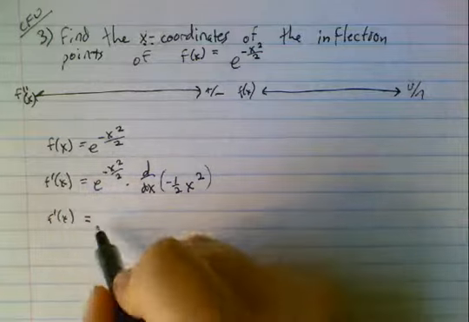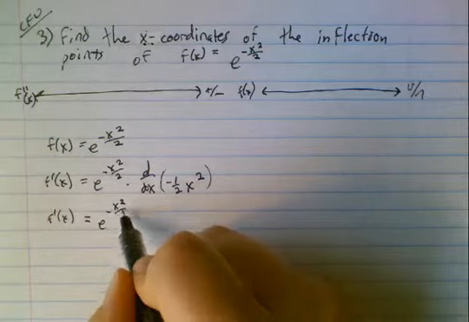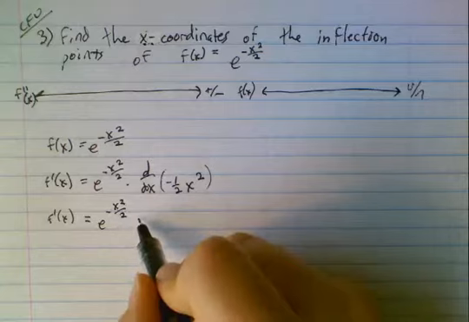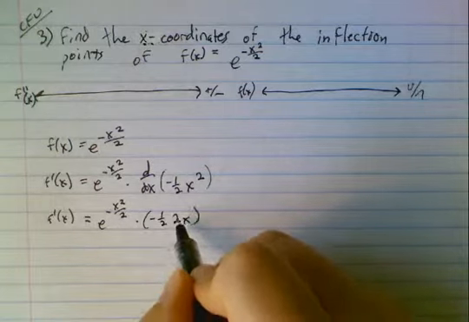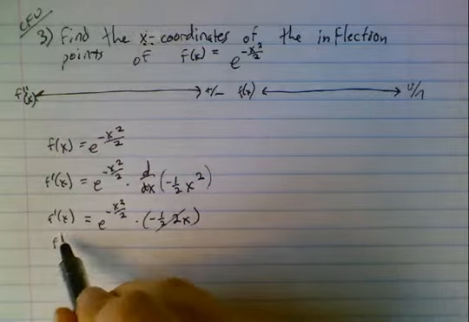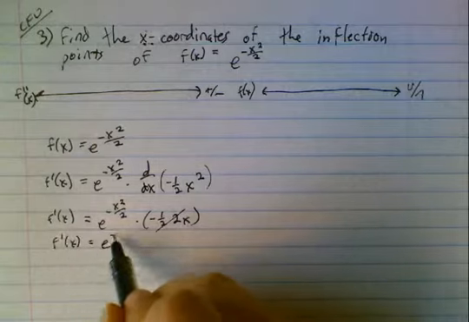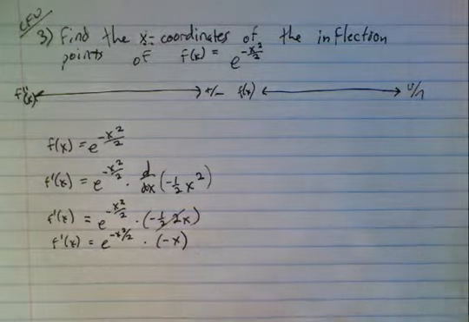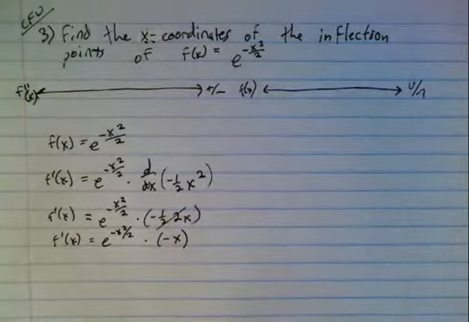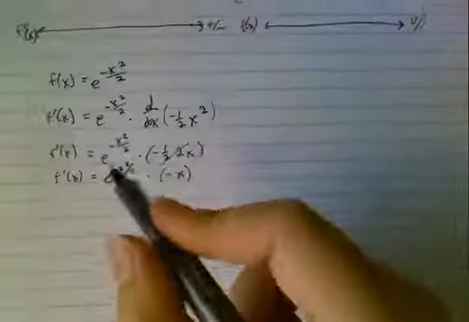I haven't gotten to f double prime yet. Those cancel out. Okay, we can't stop there though, so we need to get to f double prime.